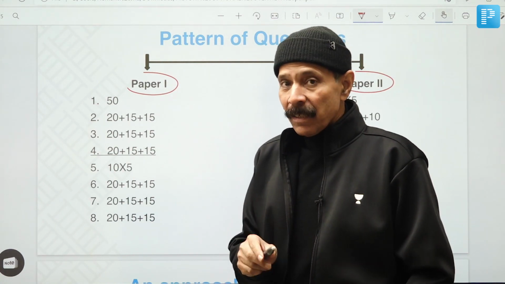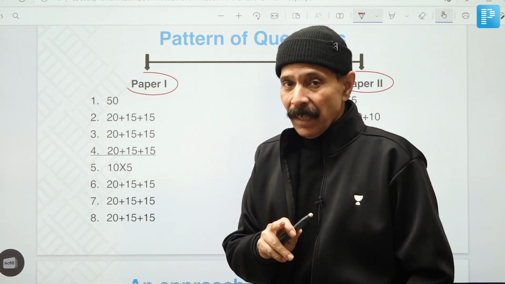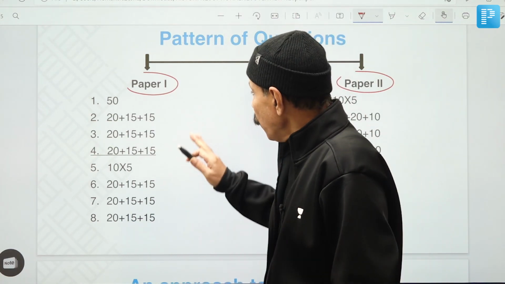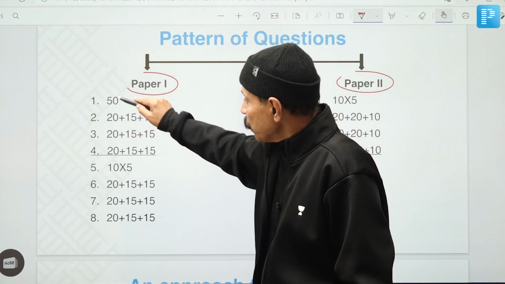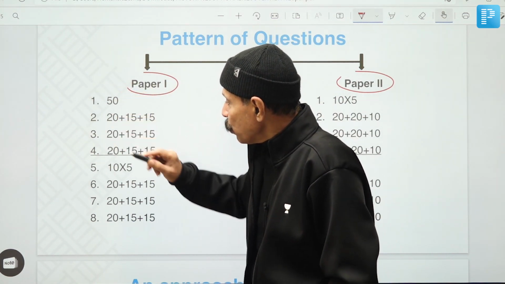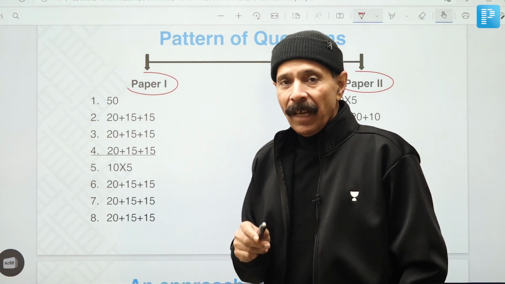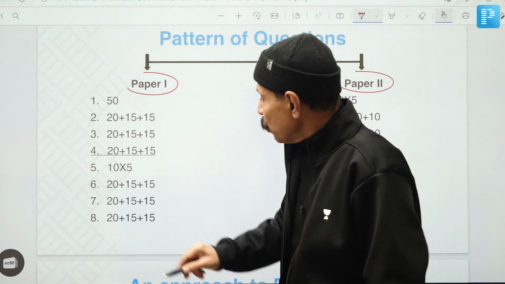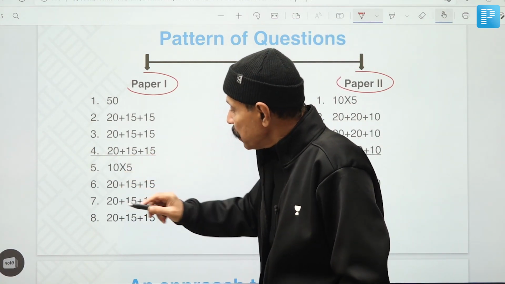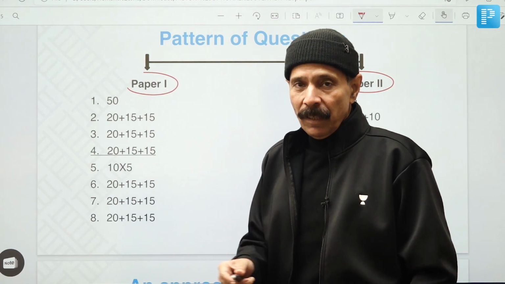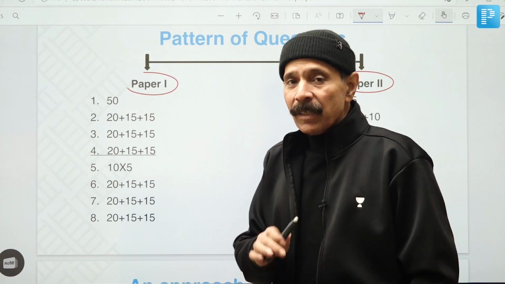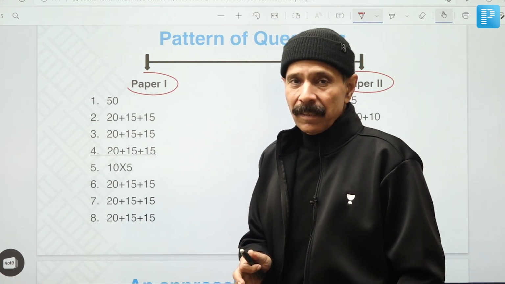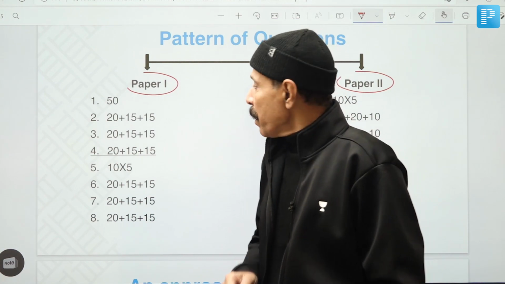And since paper 1 consists of 2 sections, Ancient Indian History and Medieval Indian History, accordingly, one section consisting of question numbers 1, 2, 3, 4 represents Ancient Indian History, and the second section consisting of question numbers 5, 6, 7, 8 represents Medieval Indian History. So this means you have 4 questions each in Ancient and Medieval Indian History.